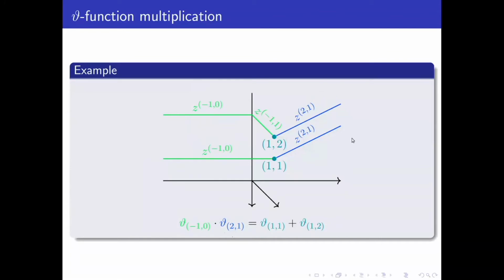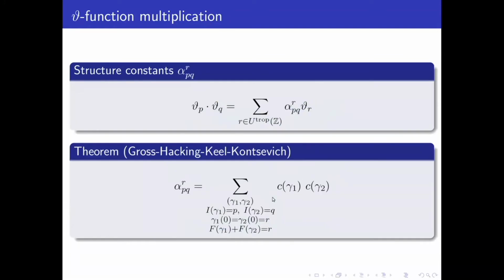Both of these satisfy that. And then I want to end at a base point such that my exponent vectors sum to the coordinates of this base point. So -1, 0 plus 2, 1 is 1, 1. And -1, 1 plus 2, 1 is 1, 2. So you could look for other examples. It turns out these are the only two pairs of broken lines that satisfy these conditions here.